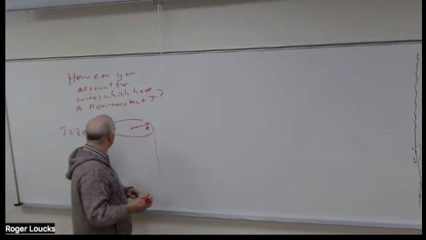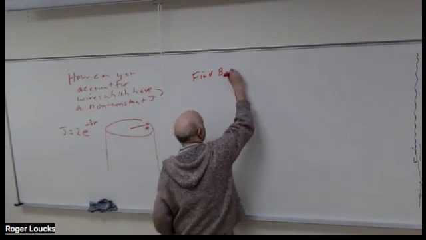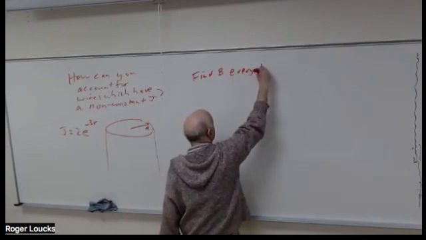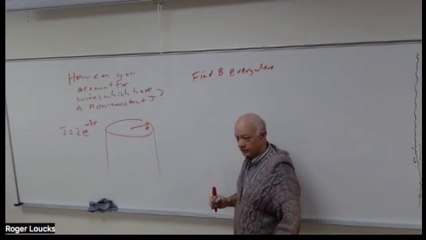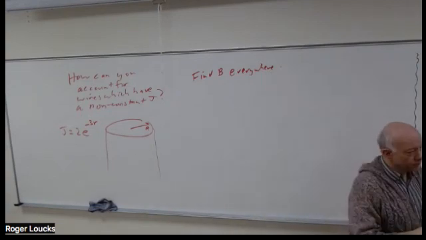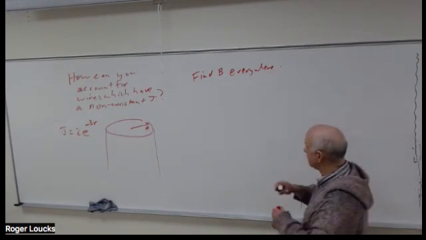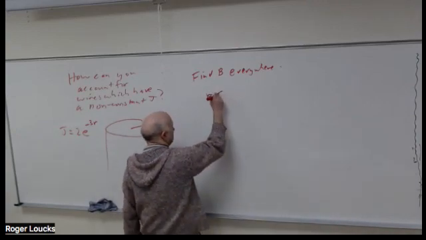What I want you to do is find B everywhere. So how many B's will you be finding? The inside, which would be B for r less than big R, and then r greater than big R. So we're gonna have these two cases here.